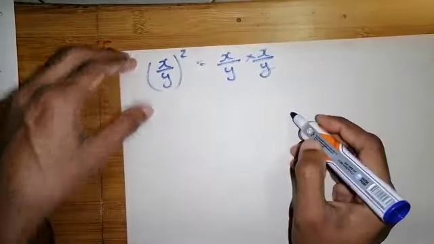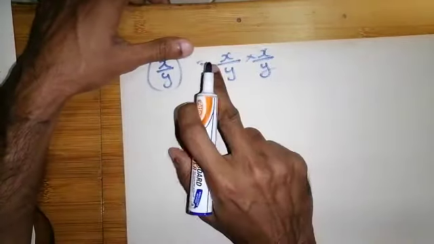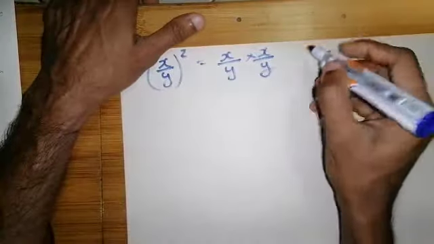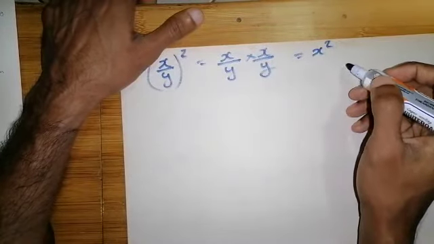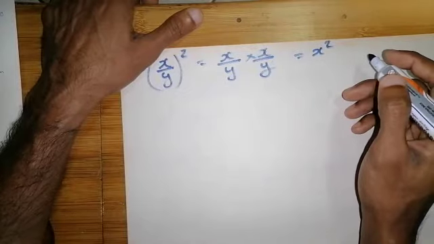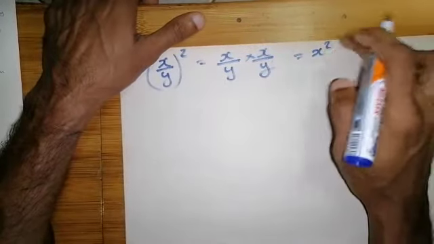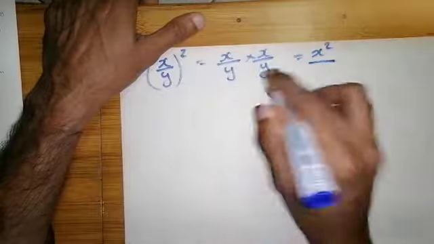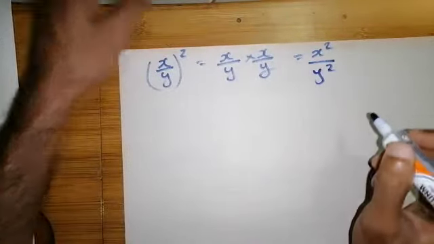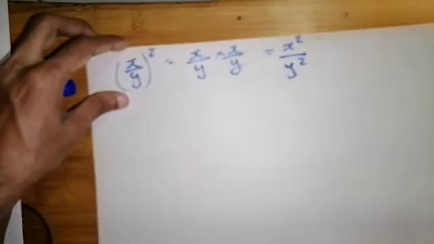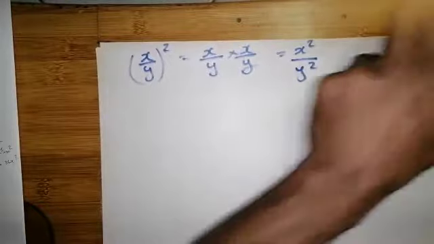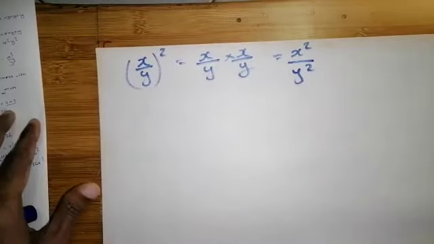There are two x over y. Multiplying the numerators, x into x is x squared; when there are two x's we mention it as an index. Then y into y is y squared. So that is our previous answer: x squared over y squared.